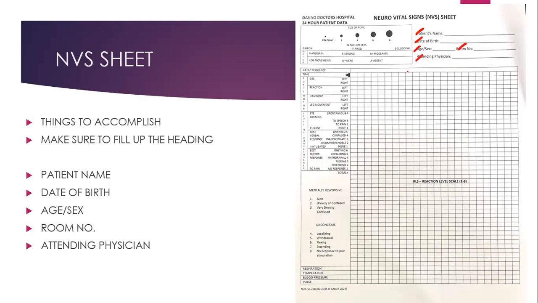For example, the patient's name is Juan de la Cruz. Date of birth, January 1, 1989. Age, 33. Sex, male. Room, 401. Attending physician, Dr. Strange. So always remember to fill in the headings.